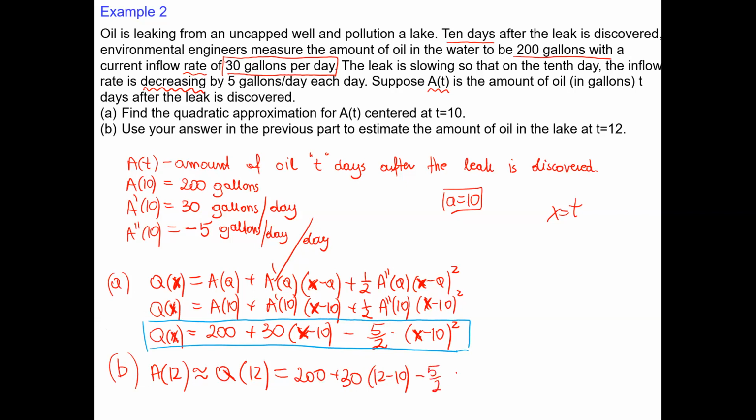And then 5/2 and 12 minus 10 squared. Okay, that's what we have. 200 plus 2 times 30, 60, minus 5 halves times 4, because this will be 2.